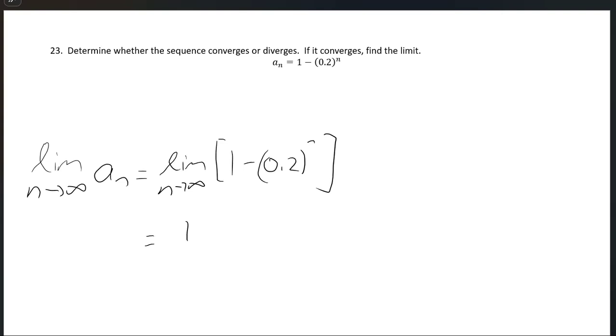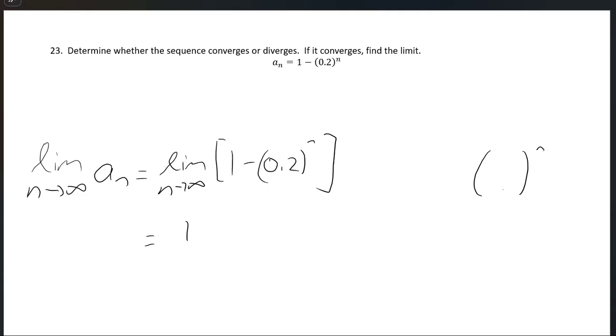Now what about 0.2 to the n power? When we raise a fraction that's less than 1 in absolute value to the n power, like imagine half to the n power, you keep halving something. So it's going to get smaller and smaller and smaller. So it's going to approach 0.